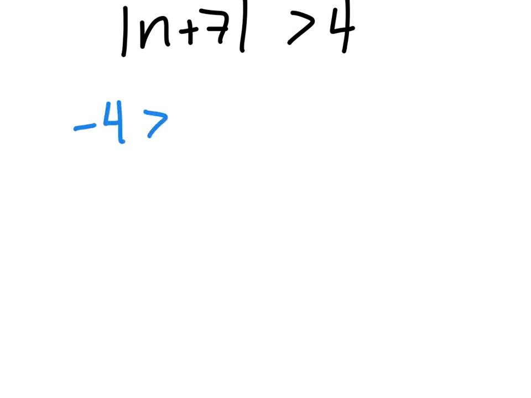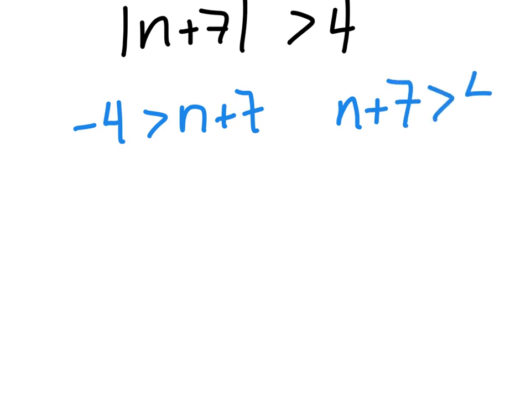Use the same symbol that we had in the problem, and then the stuff inside the absolute value minus the sticks. That's one inequality we're going to be solving. And then the other one is keep everything in the same order, n + 7, same symbol, and that's the positive 4. So that's how we get rid of the absolute values. We think of the distance from 0, and now we get to solve both of these.